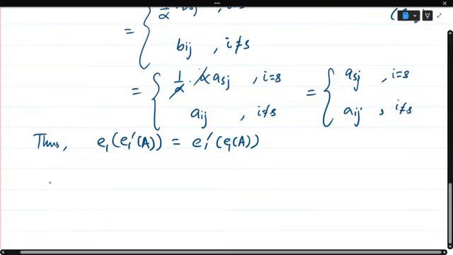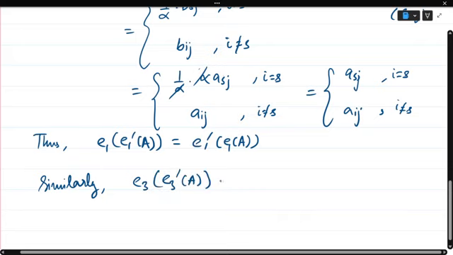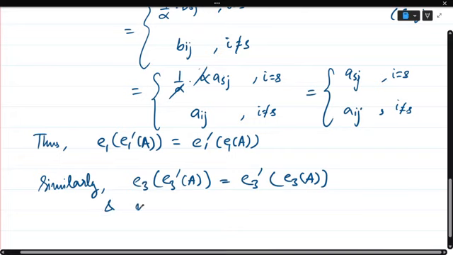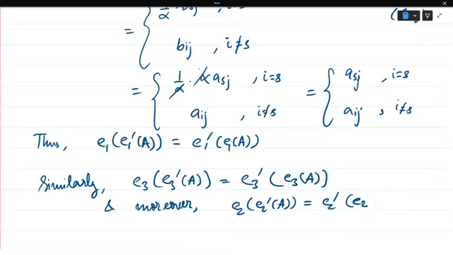Similarly, we can write E3 over E3 prime of A is equal to E3 prime over E3 of A, and moreover E2 over E2 prime of A is equal to E2 prime over E2 of A.